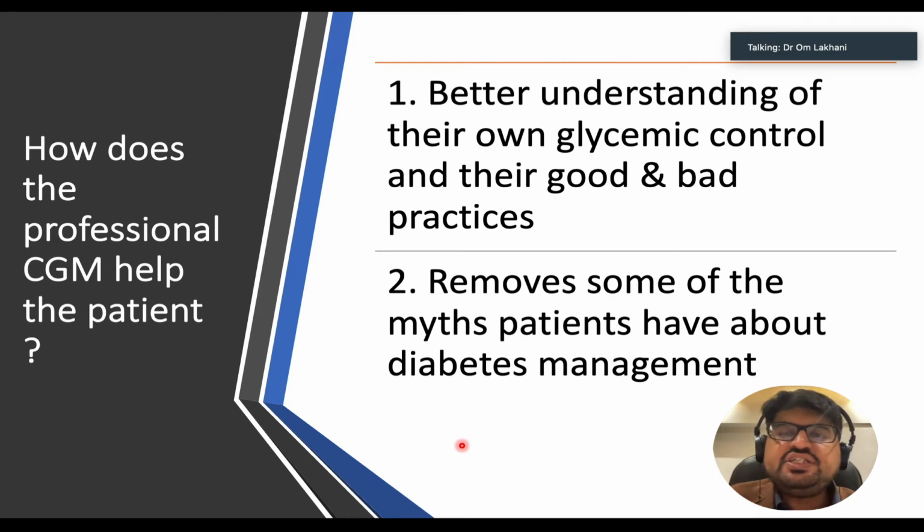But you put them on a CGM, they take a jaggery, they'll note it down, they'll show you the chart, and you show them what's the post-meal surge after the jaggery or after their honey, and the patient is then convinced that it's not what they used to believe was really true.